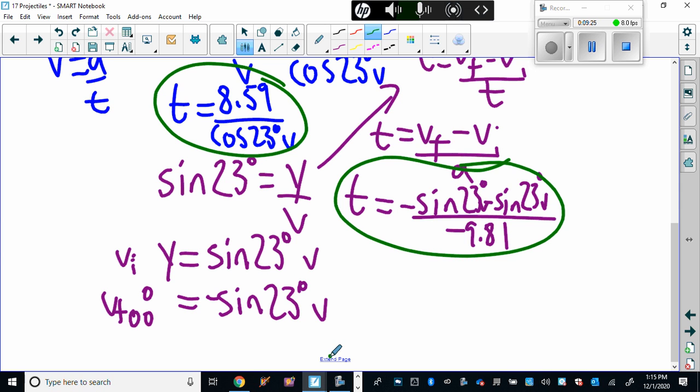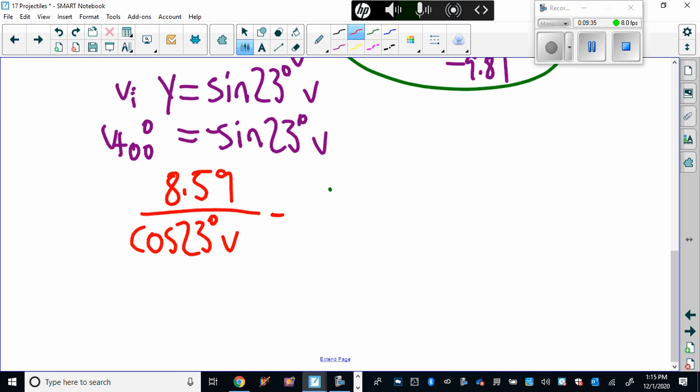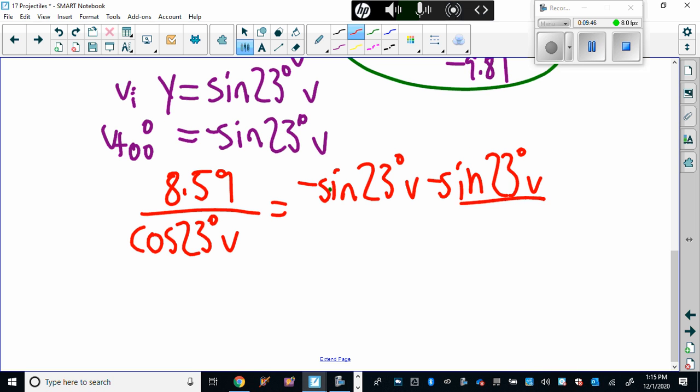So we can just say that 8.59 over the cosine of 23 degrees v equals negative sine 23 degrees v minus sine 23 degrees v over negative 9.81.